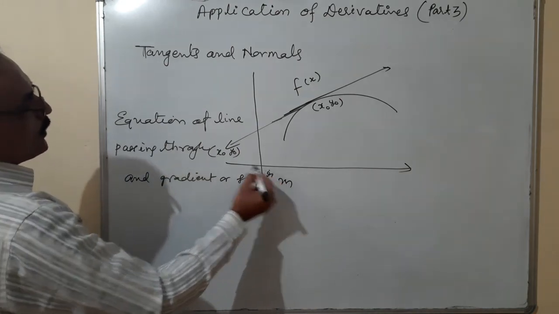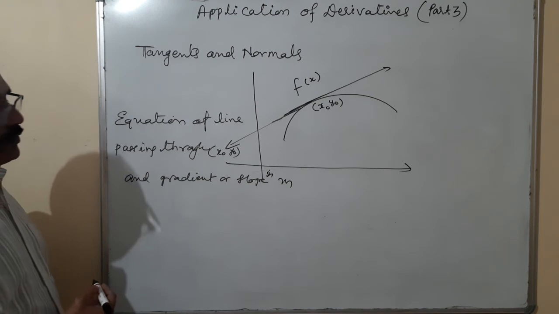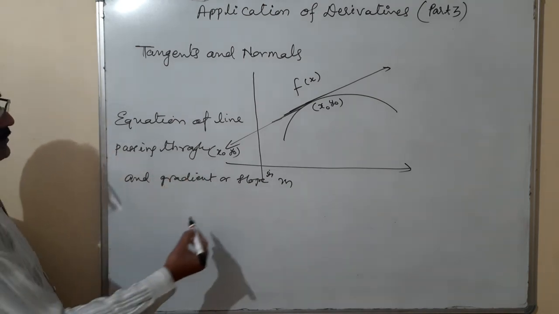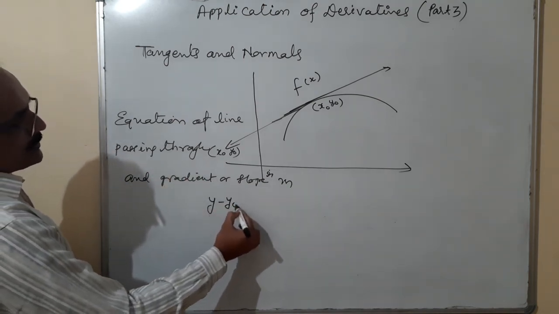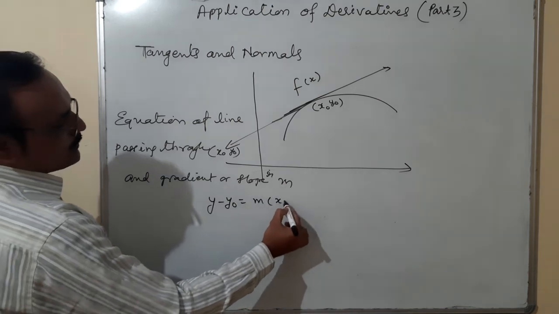Slope is m. What is the formula? The equation of the line passing through x0, y0 with slope m is y minus y0 is equal to m times x minus x0.